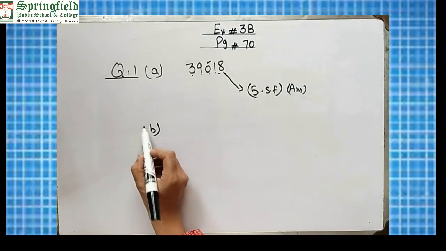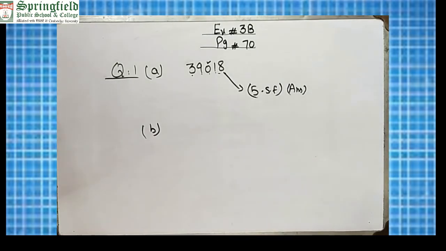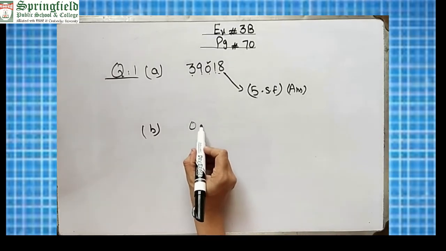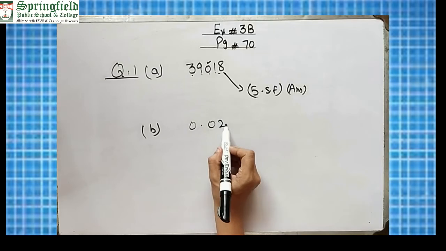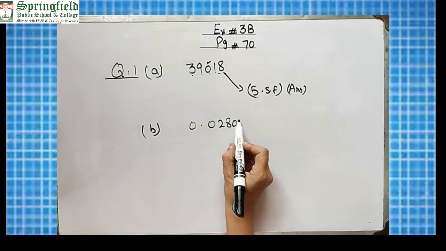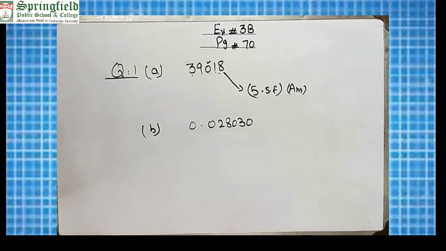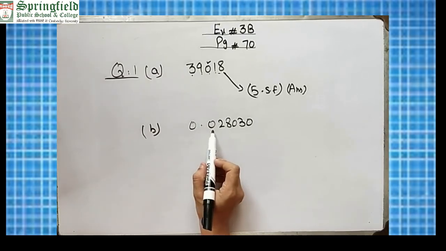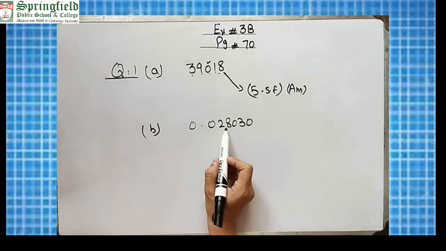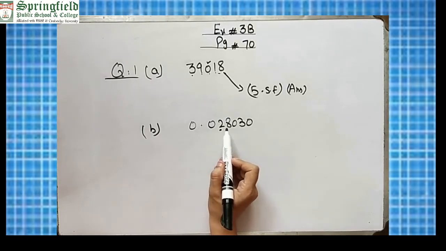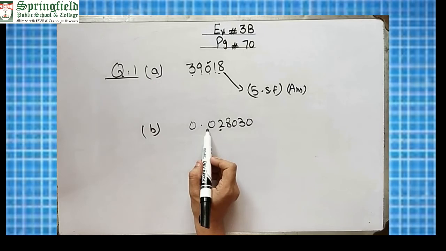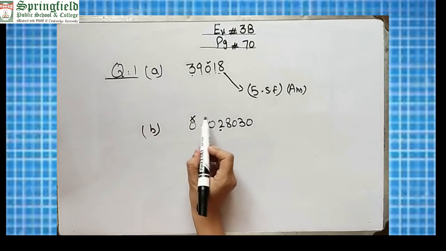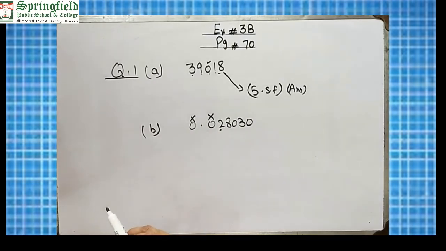Understood? Okay, now come to the B part, and B part is 0.028030. So how many significant figures are here? As we know, the zeros before the non-zero digits are not significant. It means we cannot count these 2 zeros.